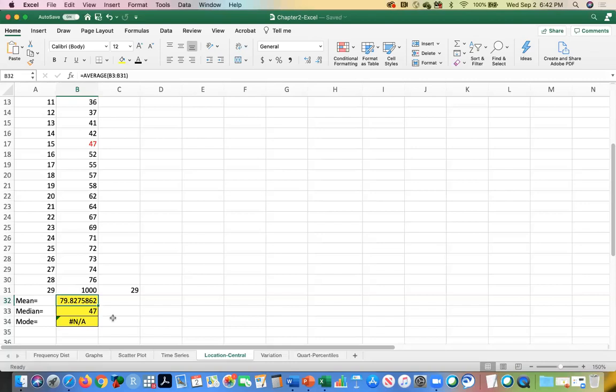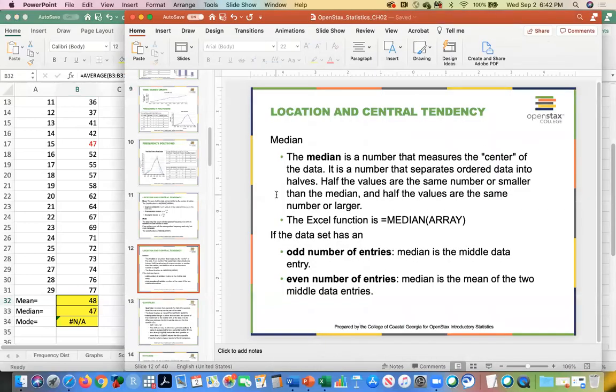So it depends very much on the goal and the nature of the data. My point here is that we have values to compute, and you can make the judgment about which one you want to analyze. But the goal is that you use Excel to do the computations. So we have an Excel function for the median.